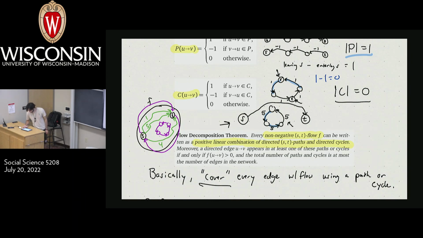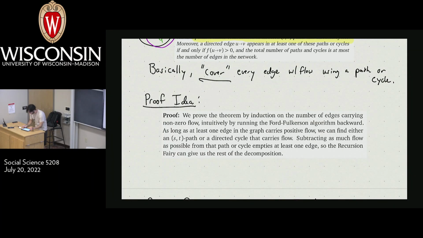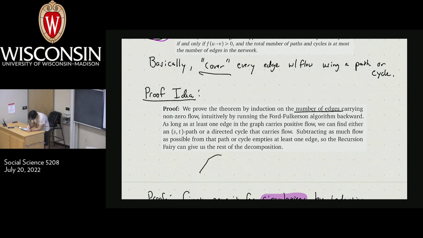So here's the idea. We're just going to induct on the number of edges that have non-zero flow by looking at the Ford-Fulkerson algorithm backwards. So we have our graph.